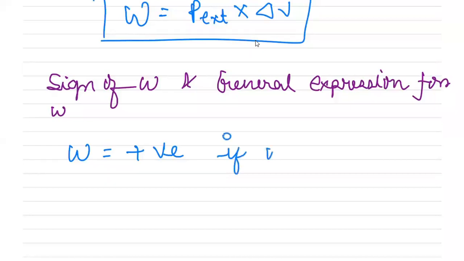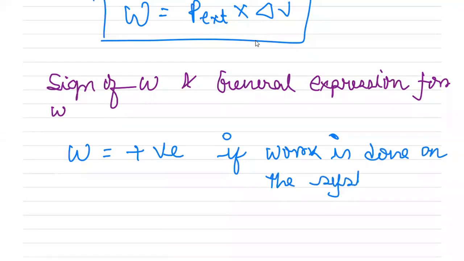W becomes negative if work is done by the system.